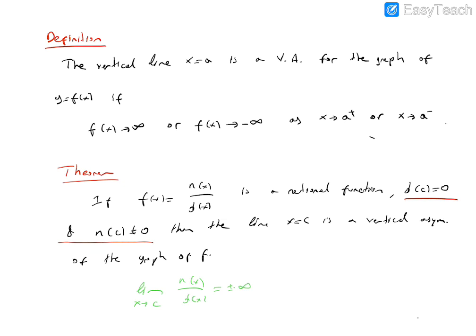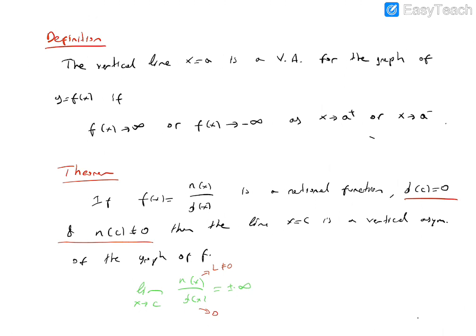Why? Because d of x goes to 0, and n of x goes to some value L which is different than 0. So L over 0 goes to either infinity or minus infinity according to the sign of L and according to the side from which d of x approaches 0, okay? Sometimes d of x approaches 0 from the left side or the right side.